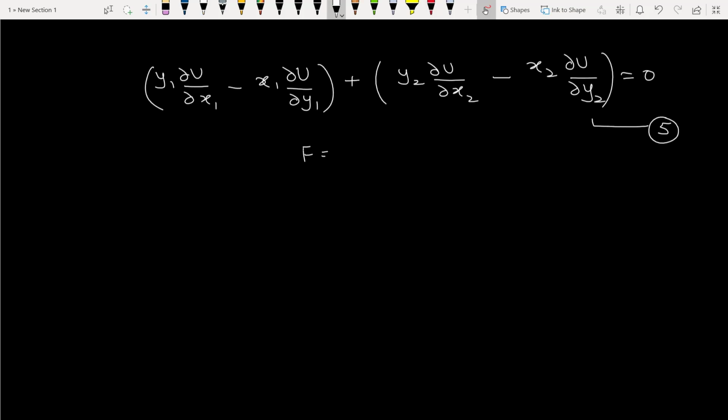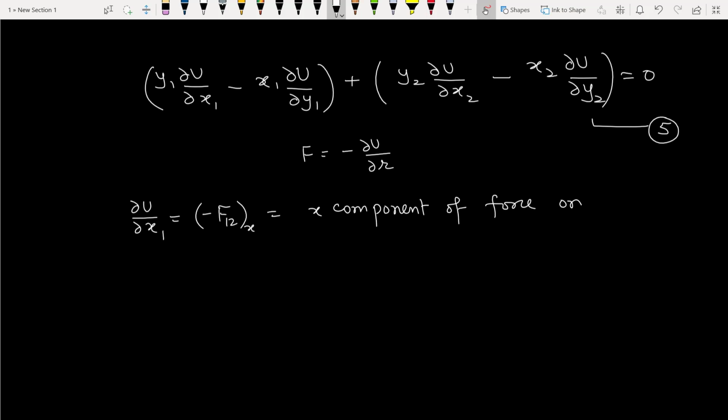As we know that F is equal to minus curly U upon curly r, so using this, curly U upon curly x1 will be minus F12 x, because it is derivative with respect to x, so it will be the x component of force on mass m1 by mass m2.